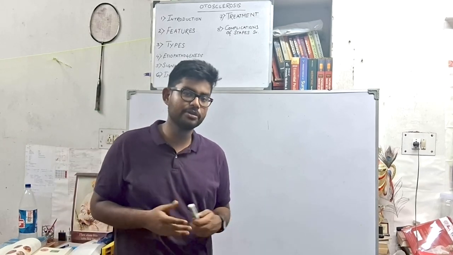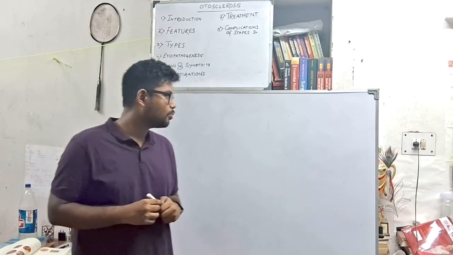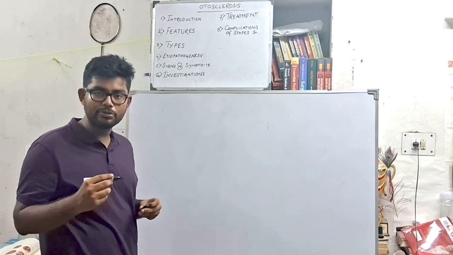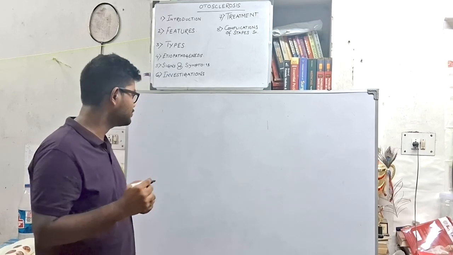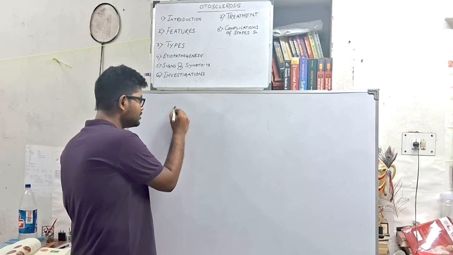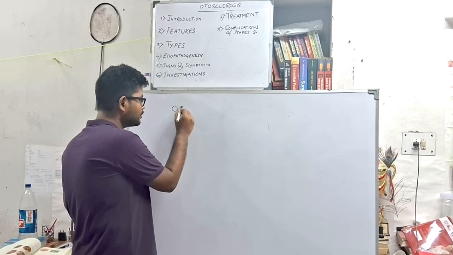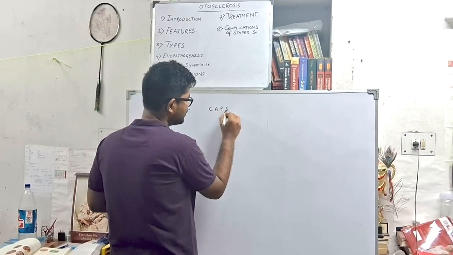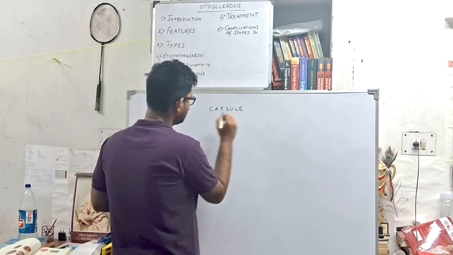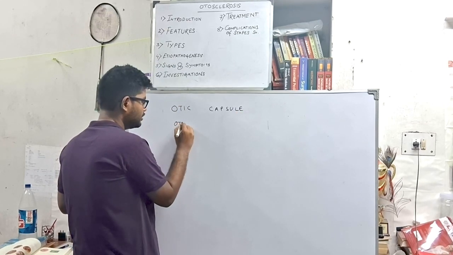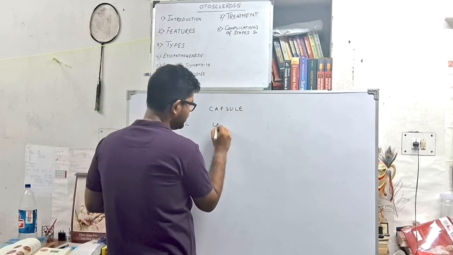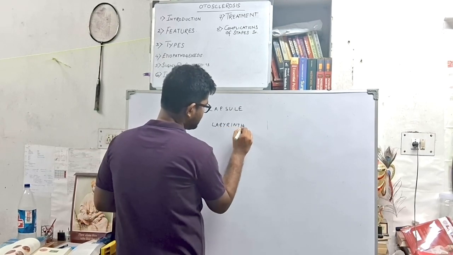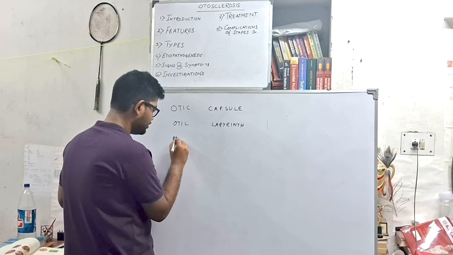Otosclerosis is a primary disease of the otic capsule. So first we need to know what is otic capsule. A few terminologies: I'll be talking about otic capsule, otic labyrinth, and the periotic labyrinth.